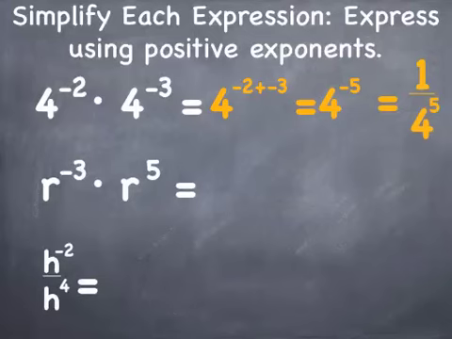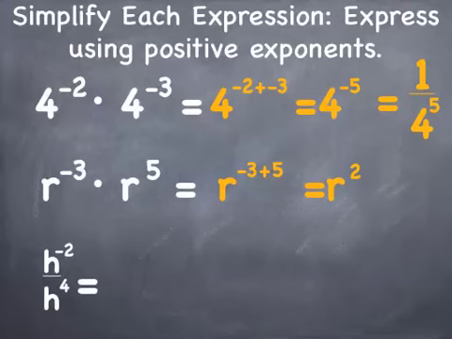The next example, we have r to the negative third times r to the fifth. This is going to be r to the negative 3 plus 5. Negative 3 plus 5 is a positive 2, so it's r squared, or r to the second power. And finally, I have h to the negative second divided by h to the fourth. Remember, when I'm dividing two powers with the same base, I subtract the exponents.